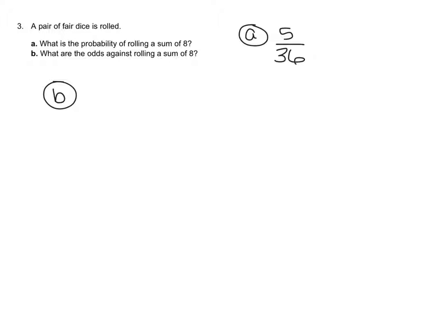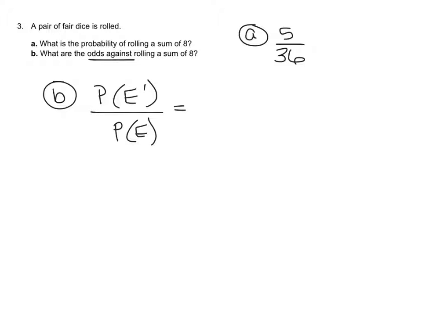B, what are the odds against rolling a sum of 8? Here I'm going to find the odds against. And this formula is the probability of the complement of an event over the probability of the event.